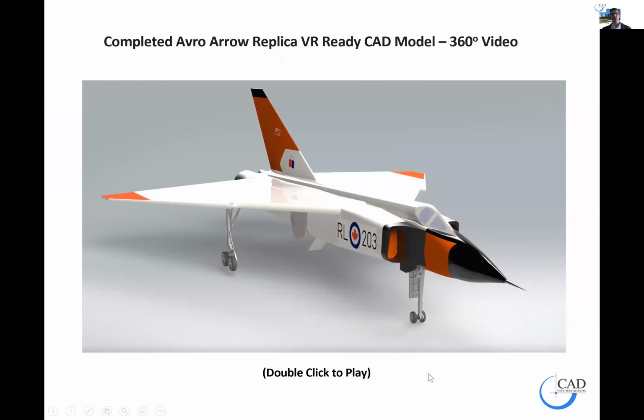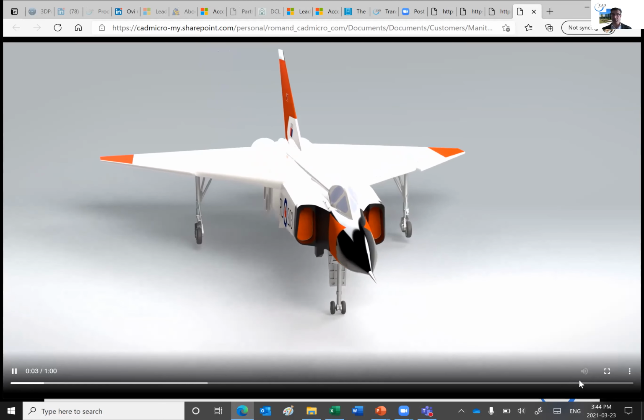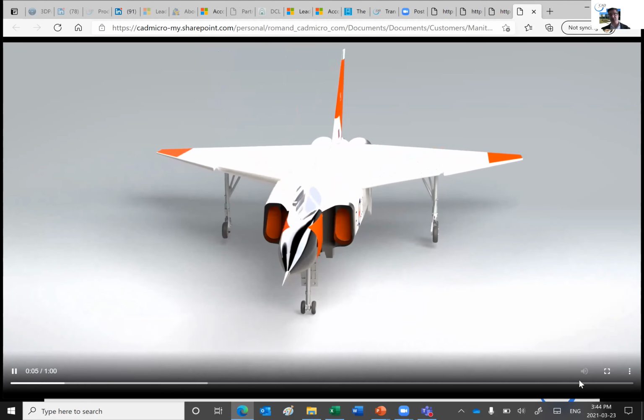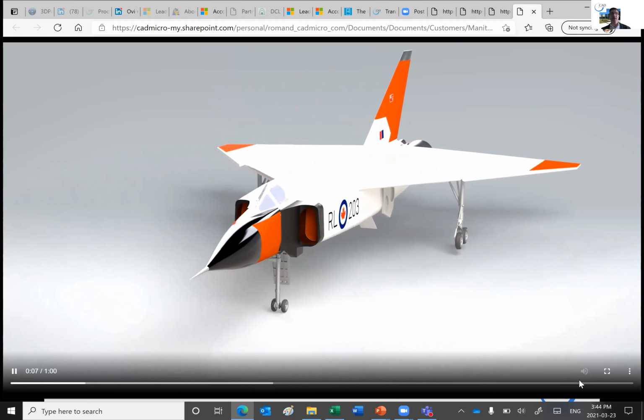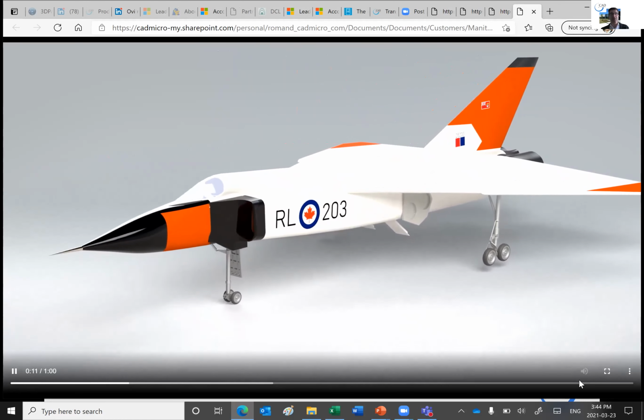Here I want to show you a 360 video of the final rendered, virtual reality quality level Avro Arrow replica model. So now this is the final product. This is the product that was delivered to our customer, and they're currently processing and preparing it to immerse into their virtual reality world.